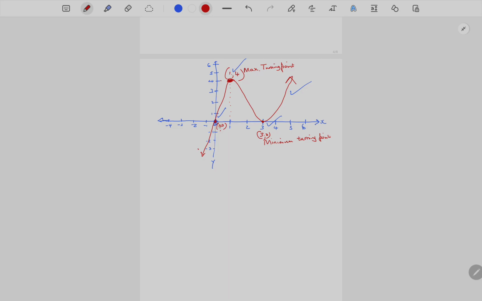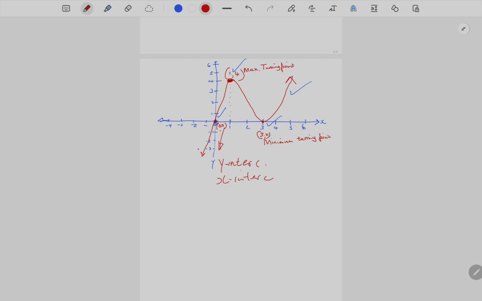Again, it was also a point for the x-intercept. So this point covers two things. It was the point for the y-intercept, and also it was a point for the x-intercept.